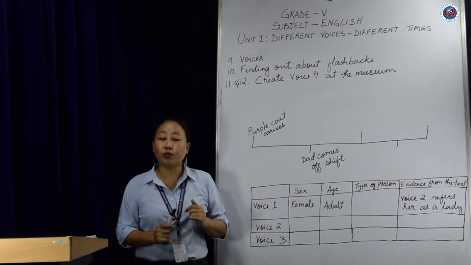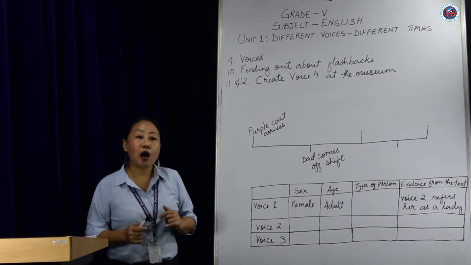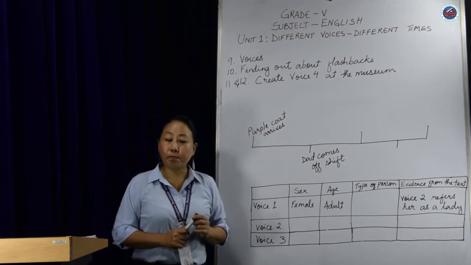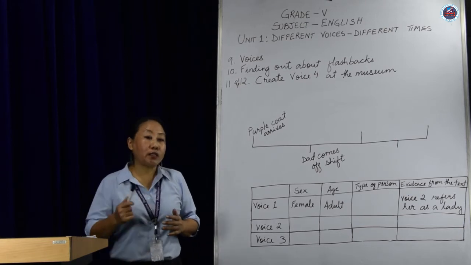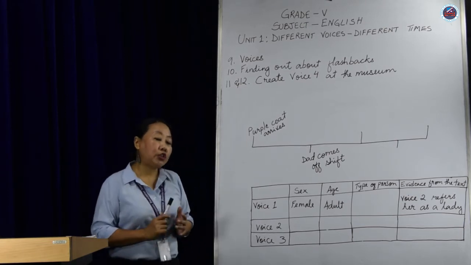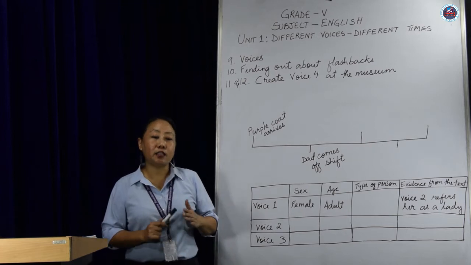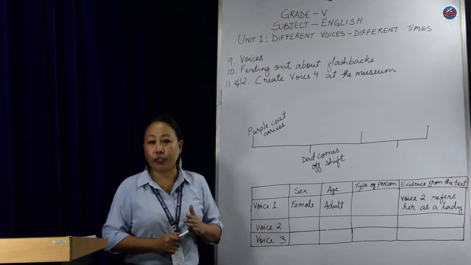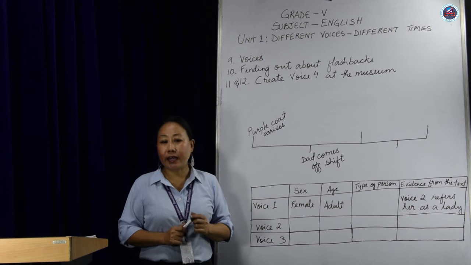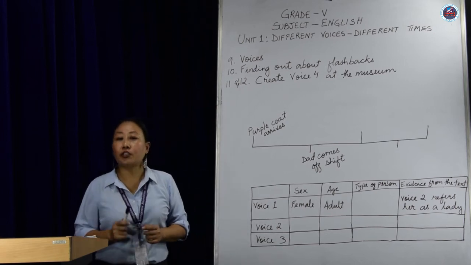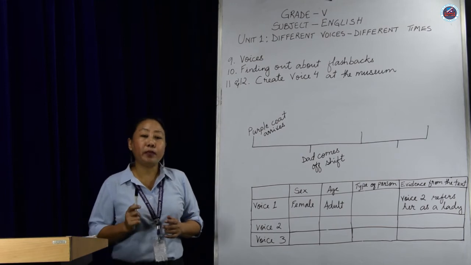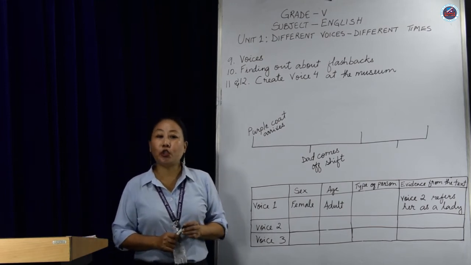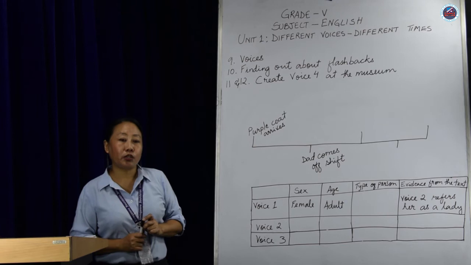The evidence we find from the text is her way of dressing, her behavior and what she thinks. Voice 2 uses the least standard English, which implies that he has a regional accent or his job does not require him to use standard English.